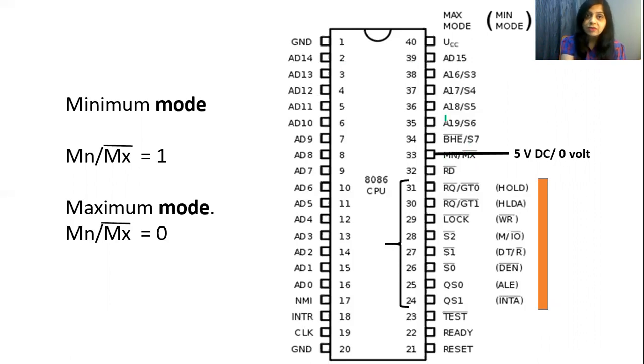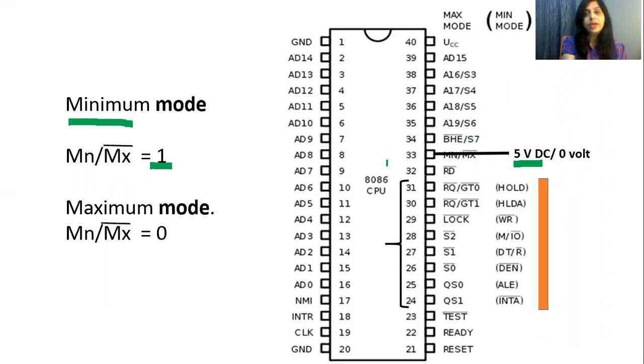That means whenever we want to use 8086 in minimum mode, with only one 8086 in the system, we have to apply logic 1 to this pin. Logic 1 means we have to apply 5 volt to that pin.